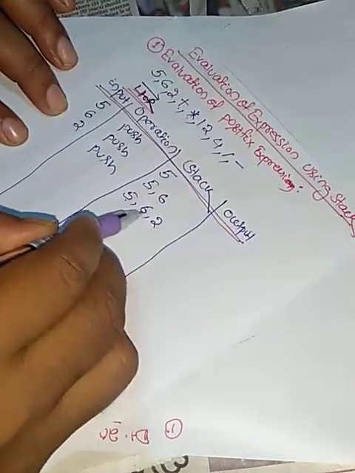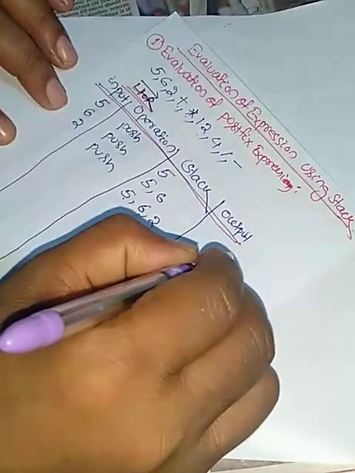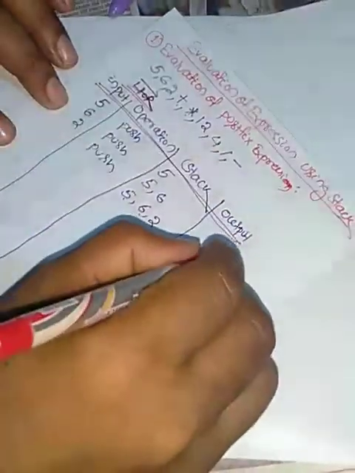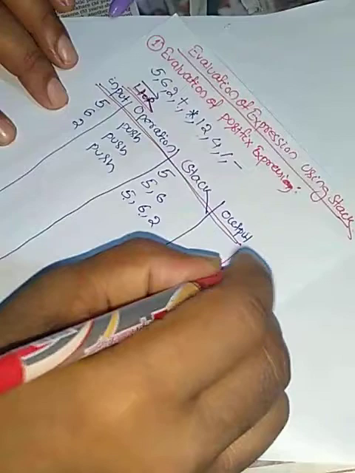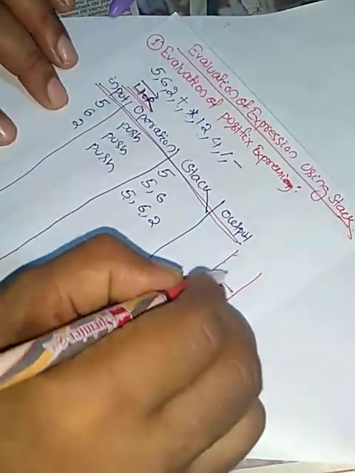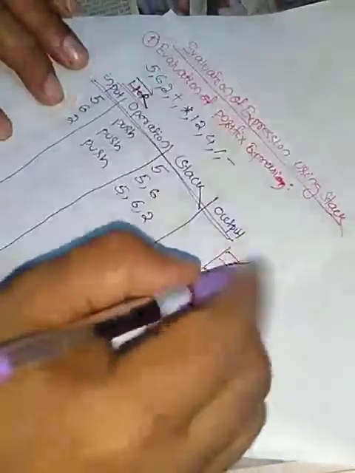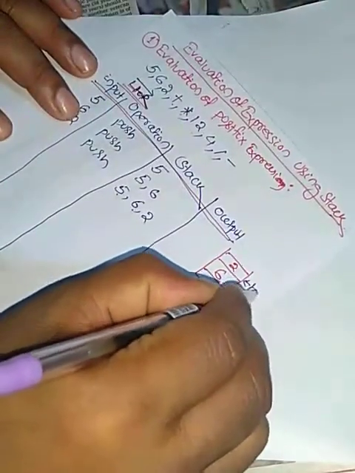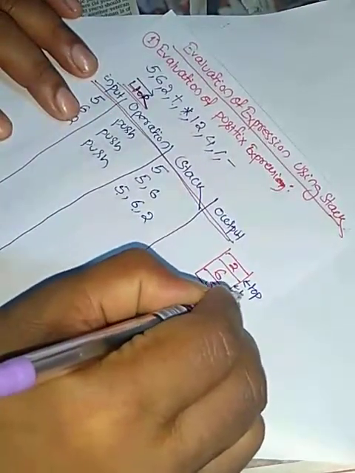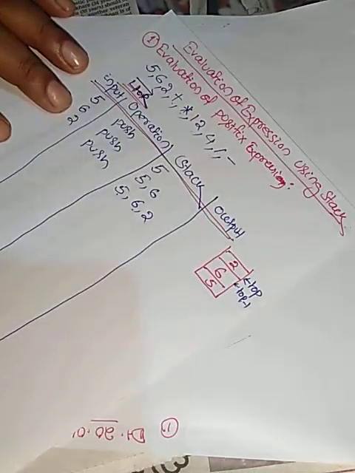To see how it looks, we can take one stack: we have 5 here, 6, then 2 on top. This is your top and this is your top minus 1.